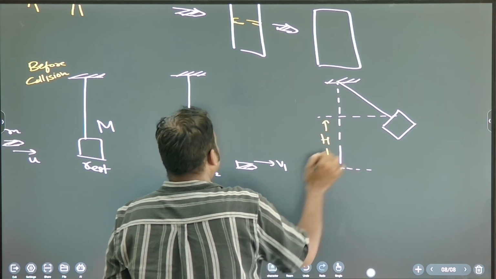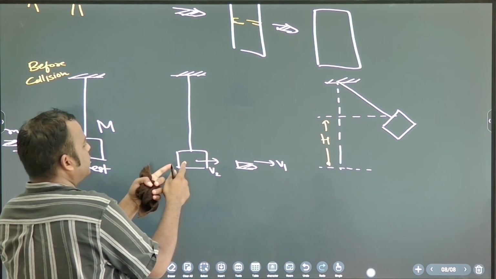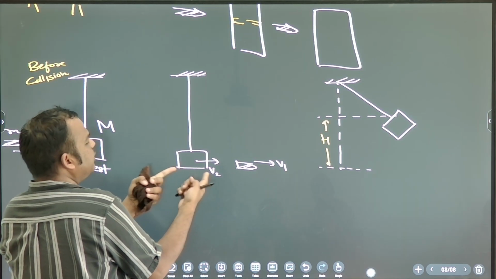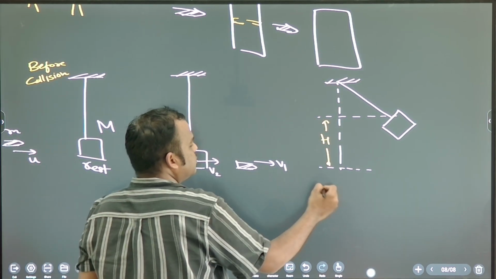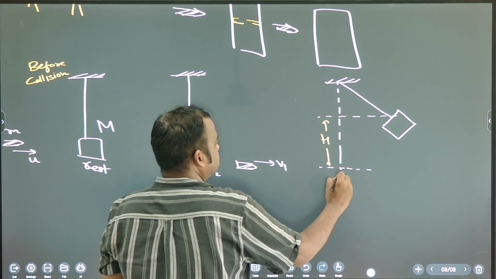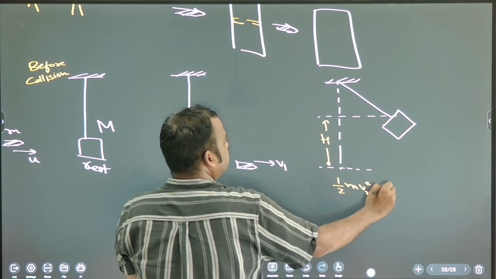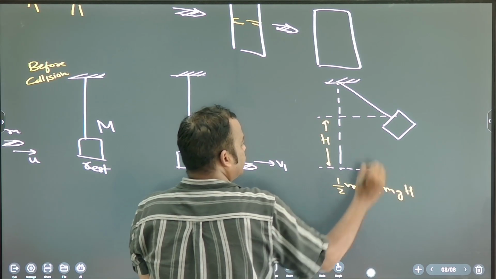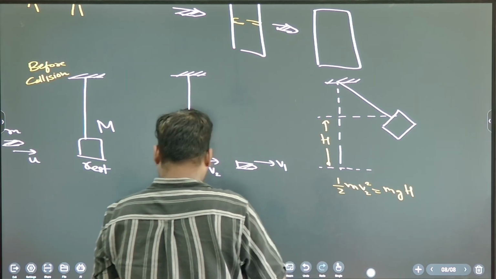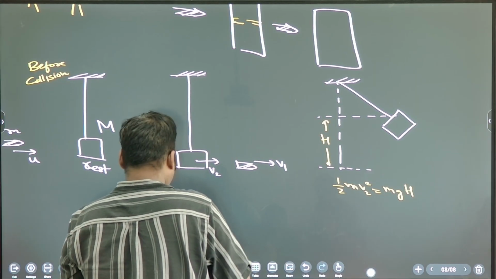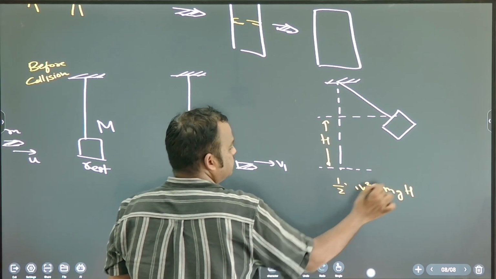What height will the block go? Tell me. What is the velocity of the block after collision? v2. So how much height will it go? We can use the formula. The kinetic energy gets converted into potential energy. Small m or capital M? Capital M here.